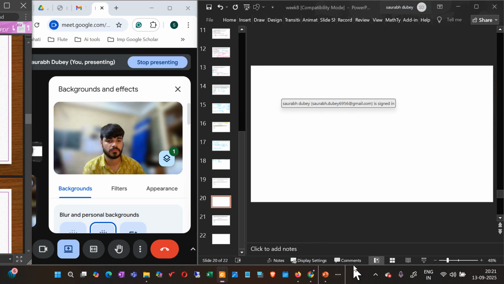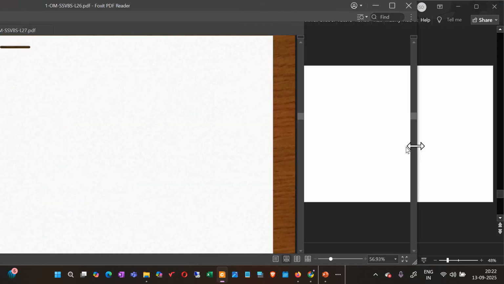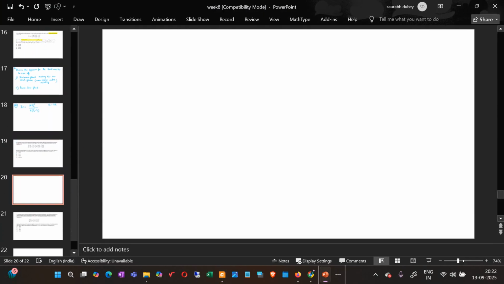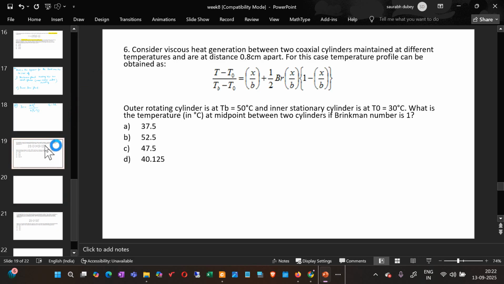Okay, so we will be looking at this. Okay, so let's solve this one. So here this temperature distribution is given. So let's just copy it out.